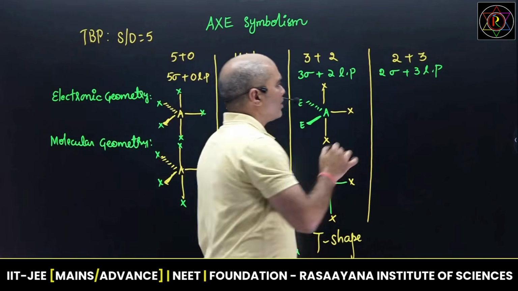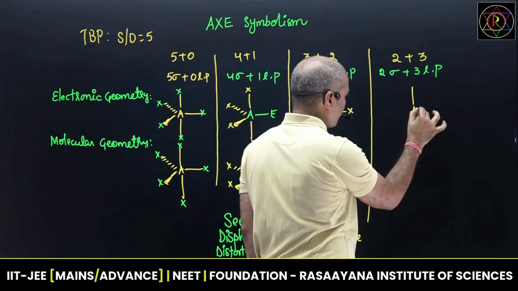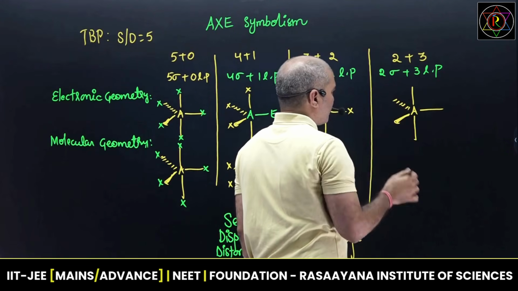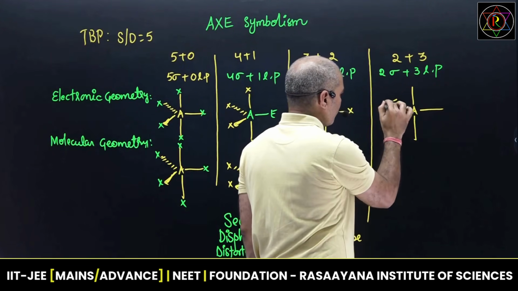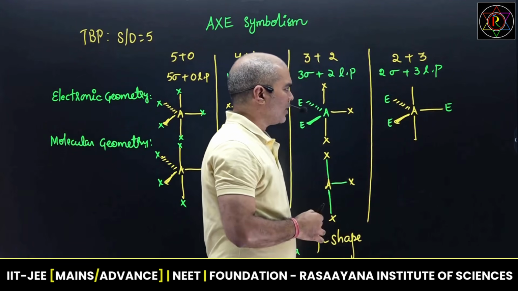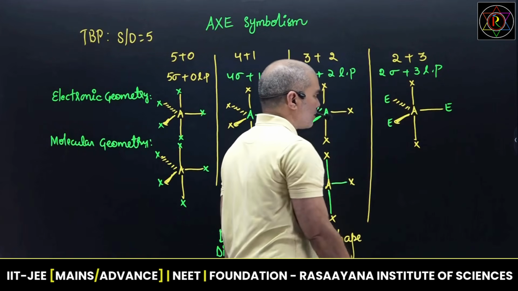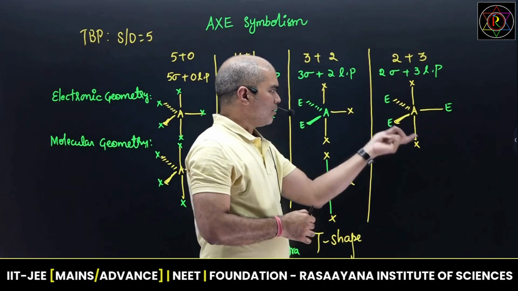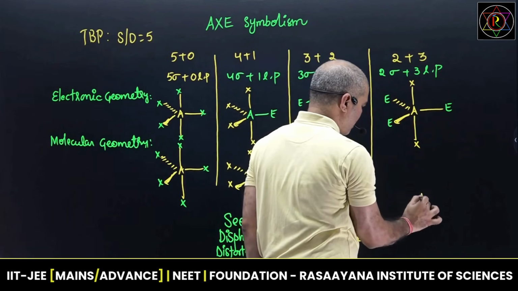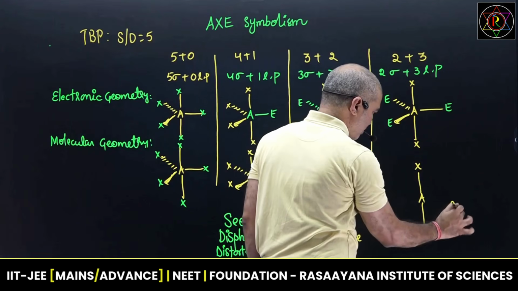Then we have one more combination, 2 sigma and 3 lone pairs. The first lone pair should be given the equatorial position. These are the bond pairs. Again TBP geometry for electronic, but when it comes to molecular geometry, don't put the lone pairs, put only the bond pairs, then the geometry becomes linear.